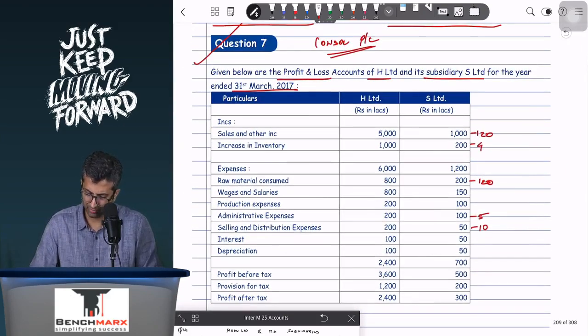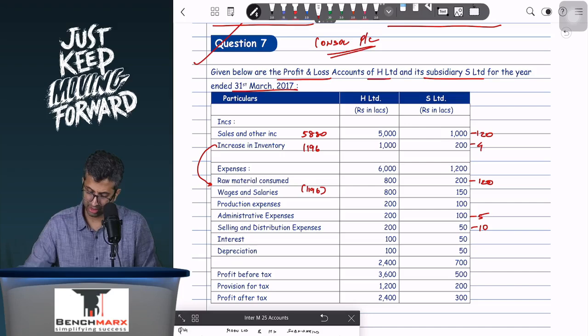Sales and other income, if I go to see, will be, let's say, 6000 minus 120 comes to 5880. Increase in inventory, this will be going over here within expenses. Increase in inventory is 1200 minus 4. This is 1196, which you will say less, 1196 over here.